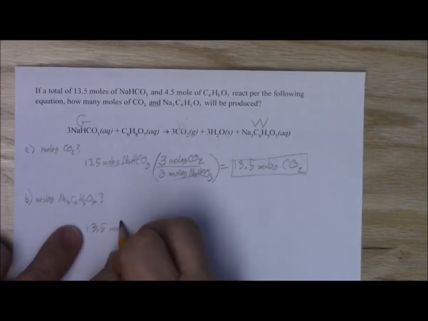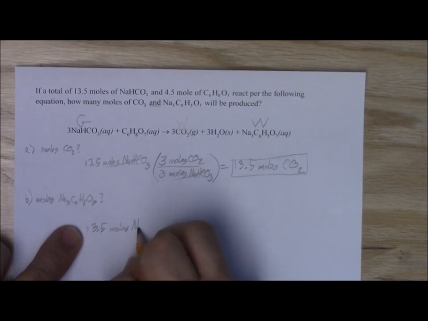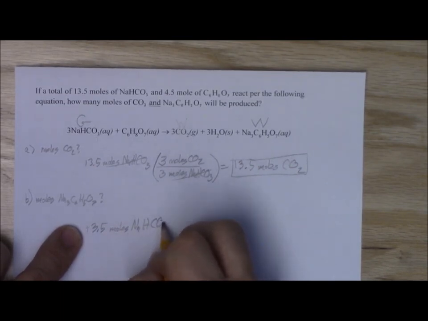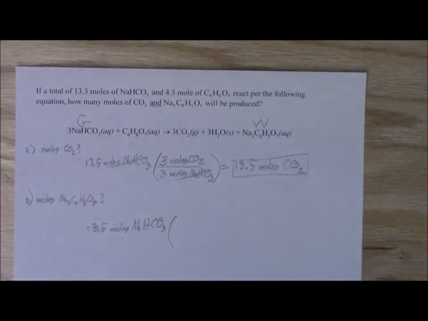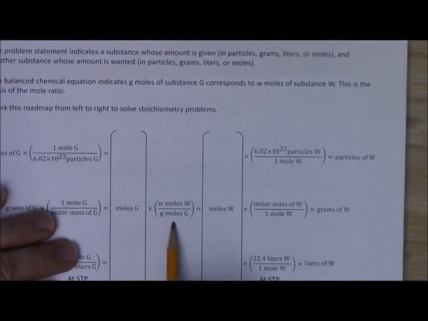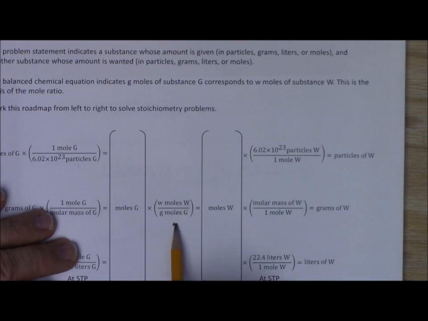Let's start by writing our moles of given: 13.5 moles of NaHCO3 times a mole ratio, wanted over given.